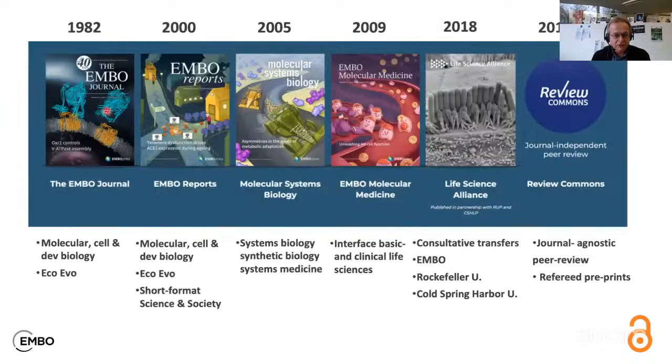And now the journals have grown. We have 5 journals now, and we have a new platform we call Review Commons, which I'll also explain very briefly. And together we launched these journals to really cover the whole spectrum from really hardcore biophysics, which was really some of the origin.